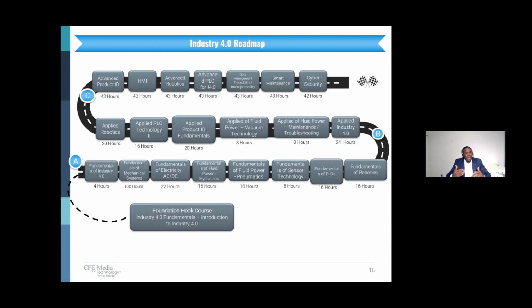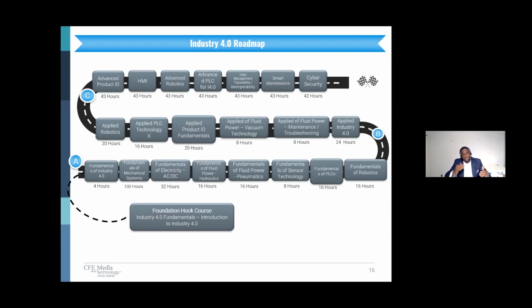But then, of course, there's a difference in 4.0 versus mechatronics. So there are going to be some things that we're going to have to push off the table. Some things you can't take for granted a bit because of the years of maturity that we have in PLCs.